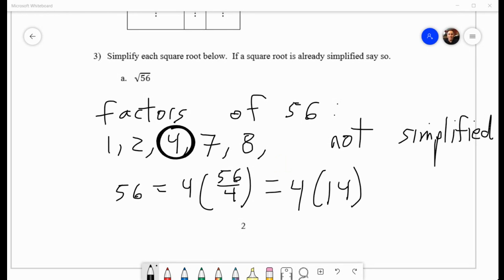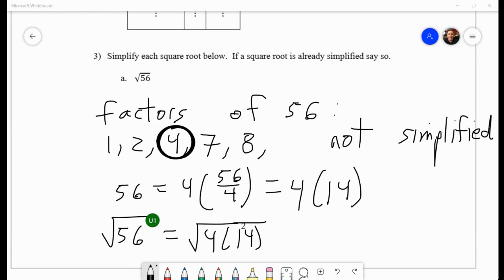So what does that tell us? That tells us the square root of 56 is the square root of 4 times 14. And that's the square root of 4 times the square root of 14.